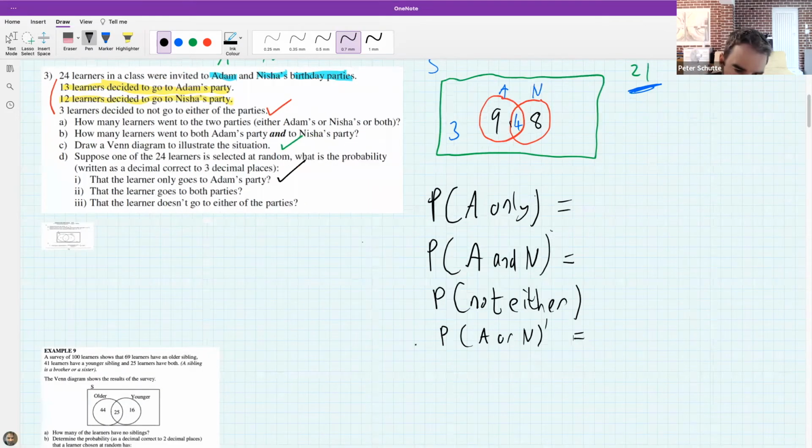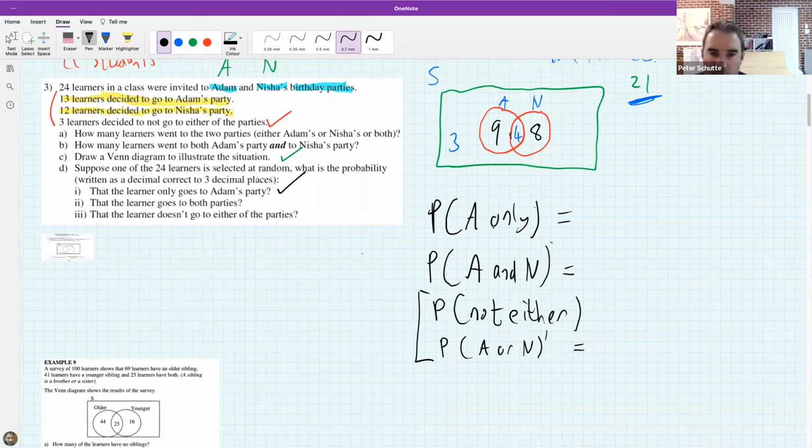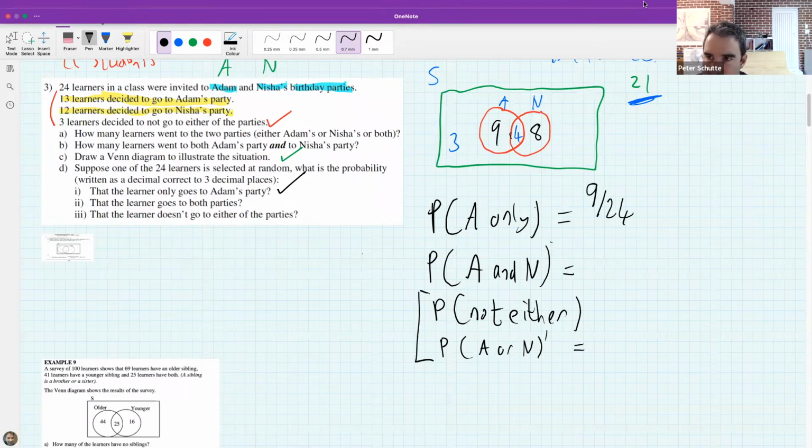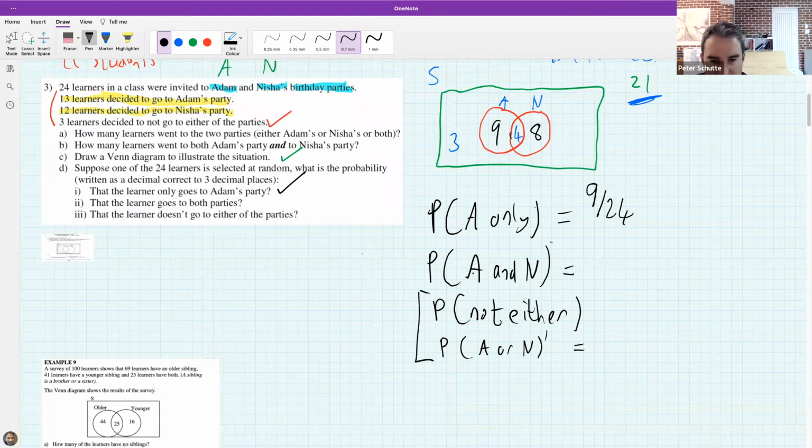So this is the same one. So A only is going to be 9 over 24. Then A and N is going to be 4 over 24.